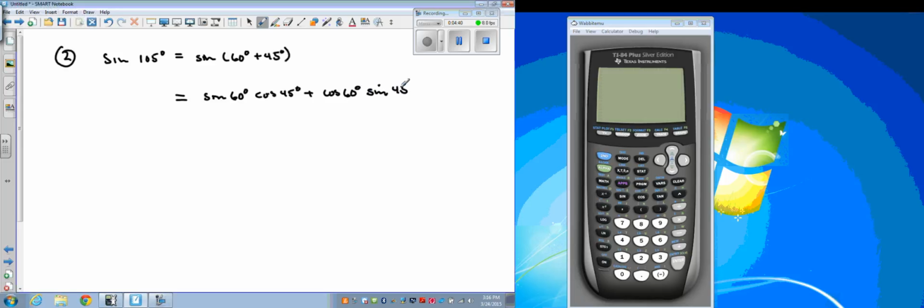Is it always like 15? They're going to make them so that they work out. You've got to use your 30, 45, 60. So when you go sine of 60, what do you got? Square root of 3 over 2. Remember I told you a long time ago, you've got to memorize all this stuff. Cosine of 45 is square root of 2 over 2. Cosine 60 is 1/2, and sine of 45 is square root of 2 over 2.